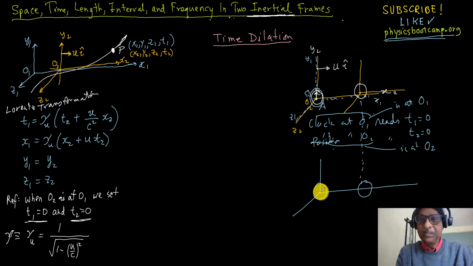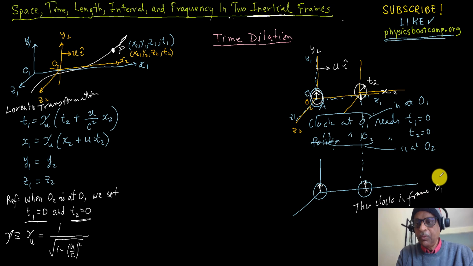So originally this was here, and originally this was here also. When this clock comes in over here, whatever the time has passed, this is time T2 at some coordinate in terms of X. So this clock in frame O1 is not at the origin, but at some other place, X1.